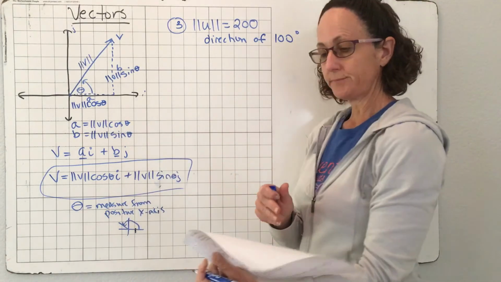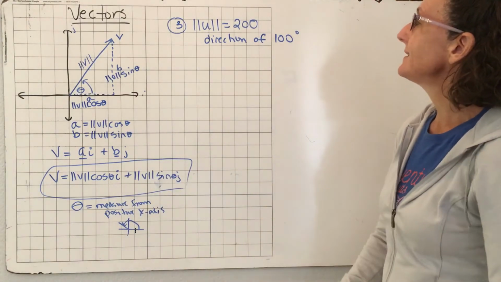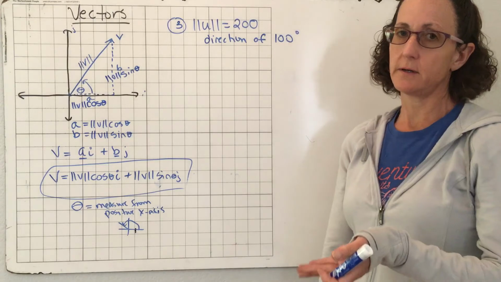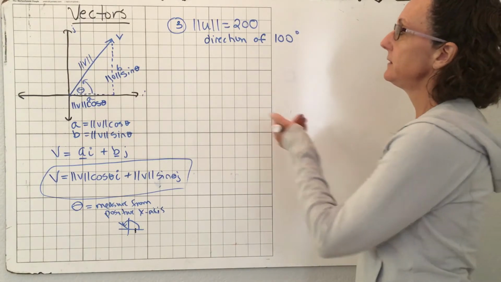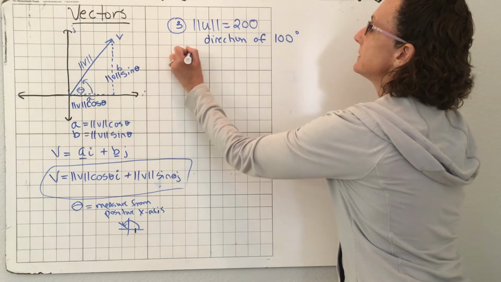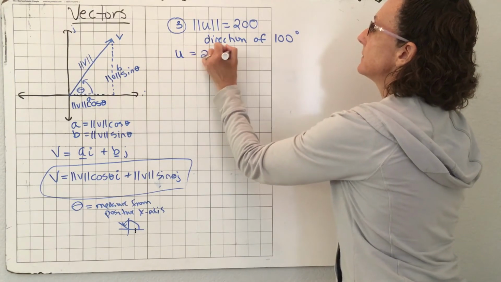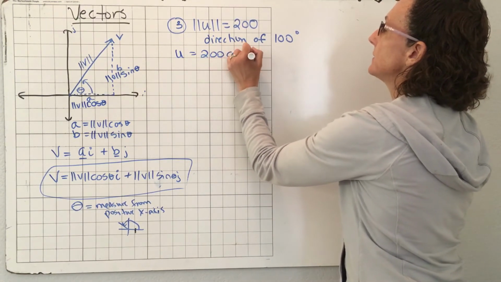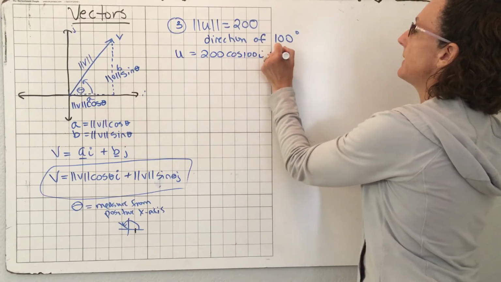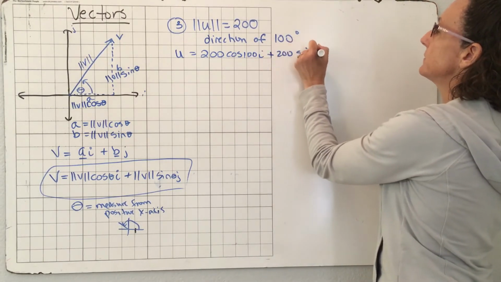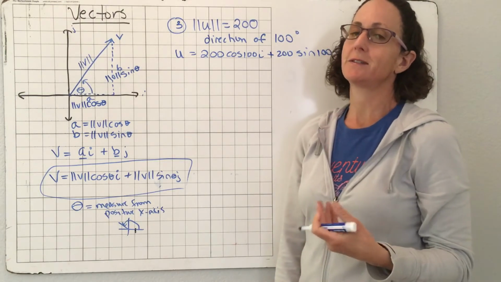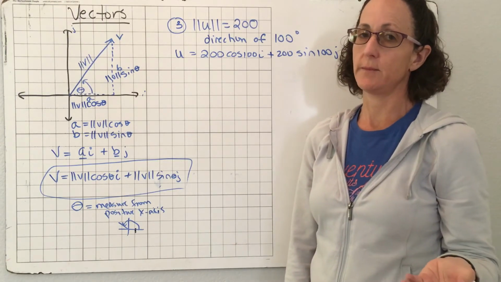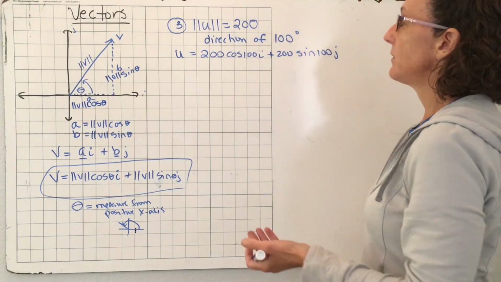All right, so this one is not super hard. It's lovely because I gave you the direction, which is what you need. The only difference is, it's magnitude, cosine, direction, I, plus magnitude, sine, direction, J. The only difference in this problem is 100 degrees is not one of those angles that you can do without a calculator. But you should know what quadrant this is in.